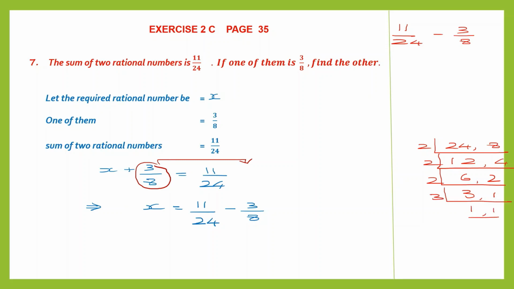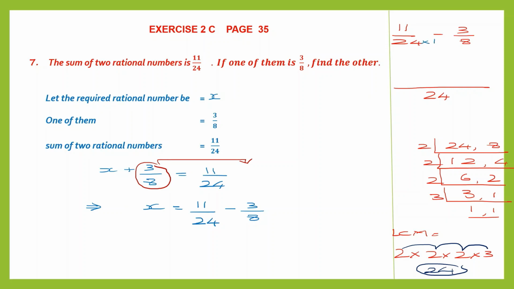So what is our LCM? LCM will be 2 into 2 into 2 into 3. 2 2s are 4, 4 2s are 8, 8 3s are 24. So 24 is our LCM and we're going to use this 24 as the common denominator to find the difference.